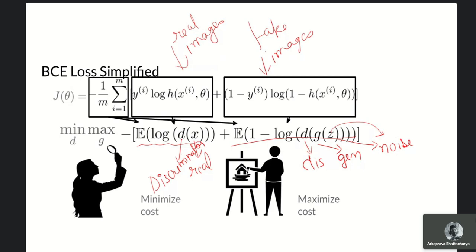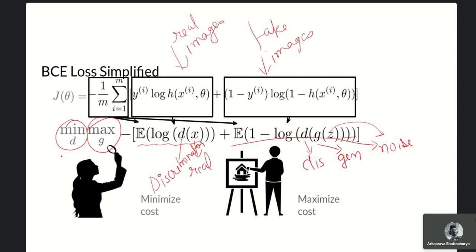In this process, the discriminator is trying to minimize the loss. Here you can see min means the discriminator wants to minimize this loss. It wants to distinguish between the reals and the fakes as much as possible. Whereas the generator wants to maximize this loss, that is, it wants to fool the discriminator and make the fakes look like reals.